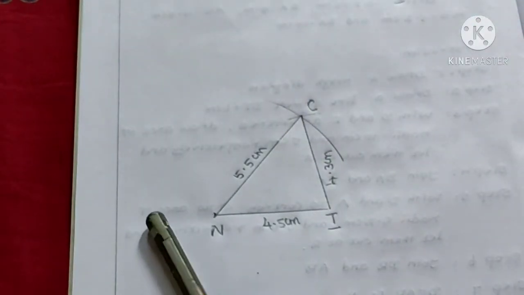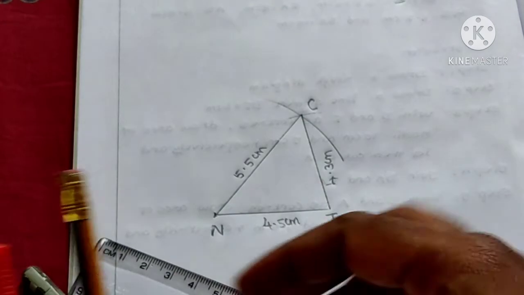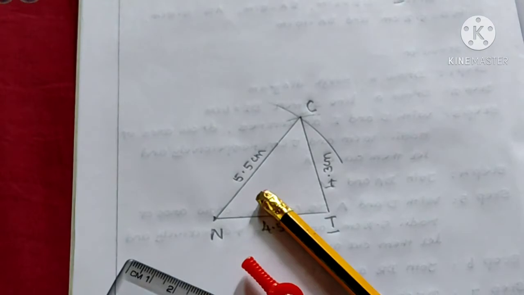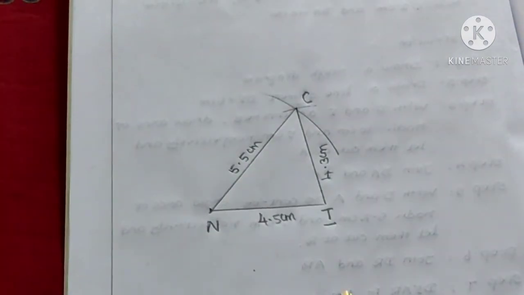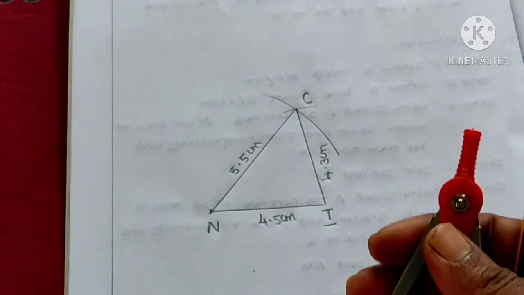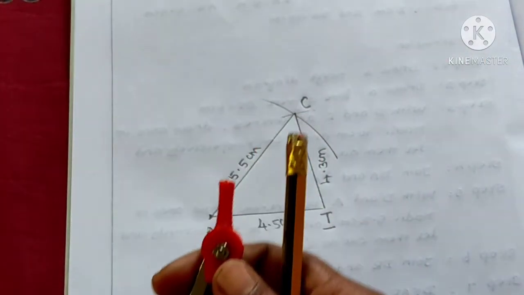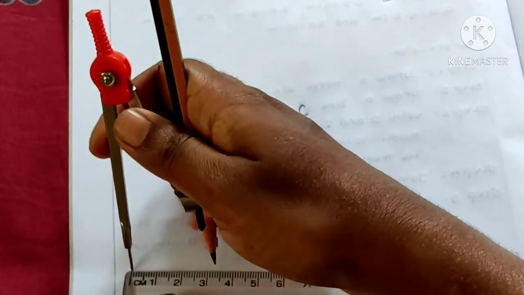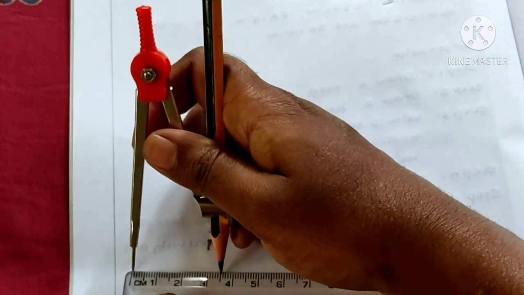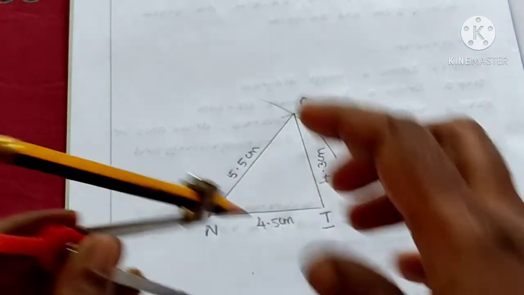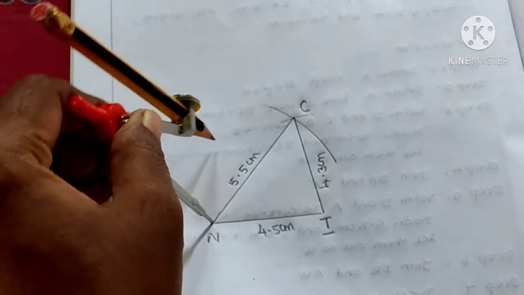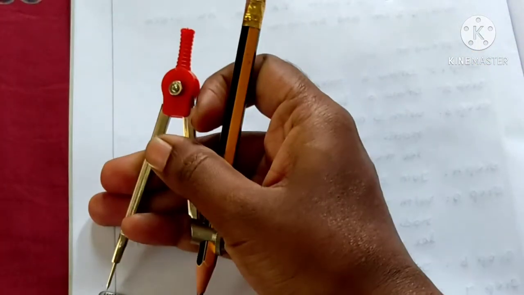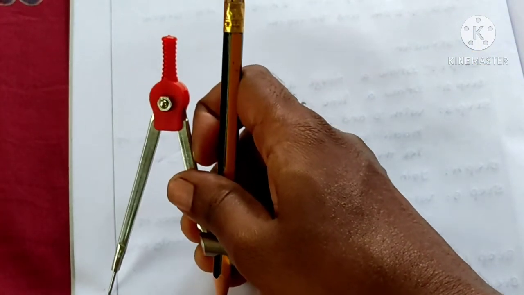Next, step number 5, with N and I as centers, draw arcs of radii 3.5 centimeter and 5 centimeter. Okay, so take the 3.5 centimeter measure. Then N as the center, draw an arc of radius 3.5 centimeter. Then 5 centimeter. Next you take 5 centimeter.